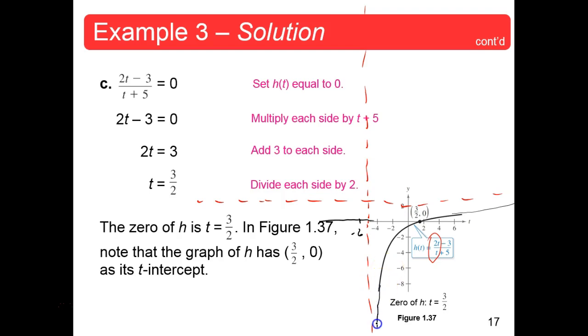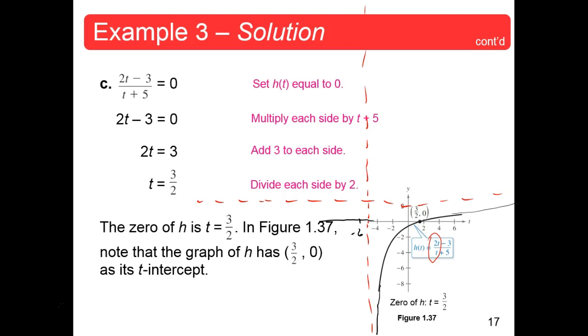So this is going to keep on heading down south here, getting closer and closer and closer, but never touching t equals -5. On the horizontal, it's approaching, and this one won't ever touch y equals 2. Okay? That's the horizontal asymptote.